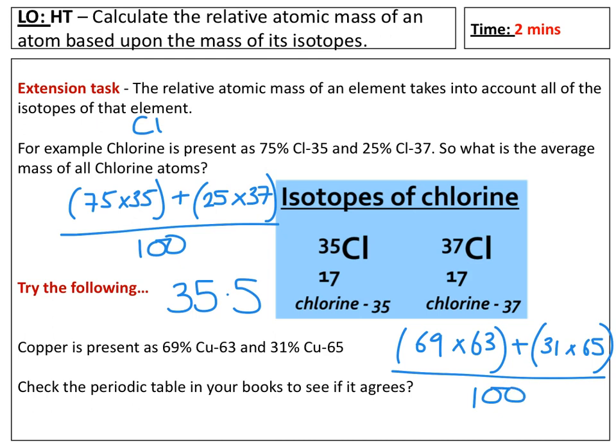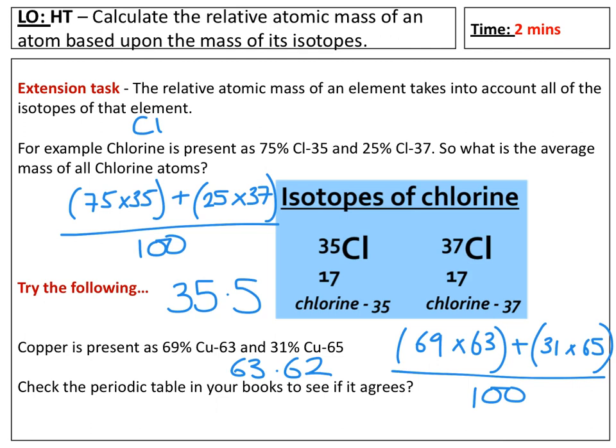Okay, remember to use your bracket. 69 times 63, adding that on to 31 times 65. Those of you with good hearing should be able to hear me tapping away at my calculator. Okay, divide all that by 100. Oh, that was a big number. 63.62. There you go.